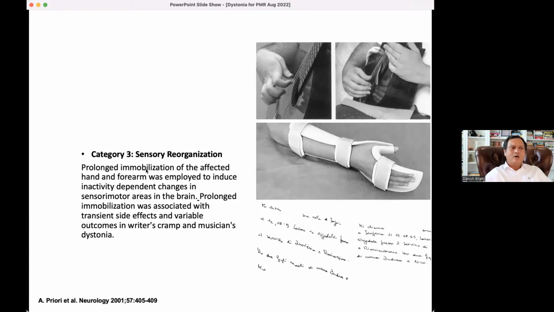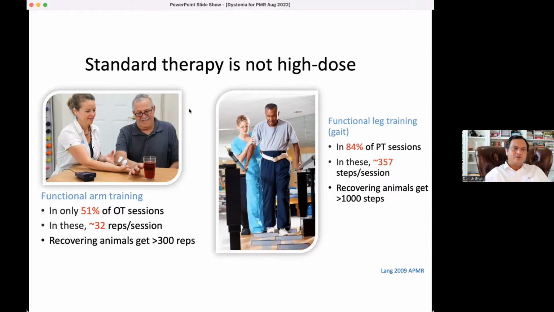And then one important thing that I noticed looking at the rehab literature was that the standard therapy that we use for typical rehab is likely not high dose enough to be effective in dystonia. So it is compared against animal models. Functional arm training in OT, for example, is 32 reps and is done only half of the time, or functional leg training is done more commonly, 84% of the time, but at 357 steps per session.